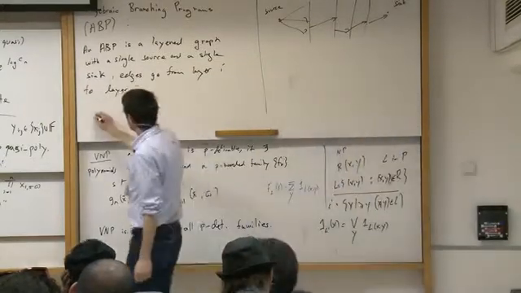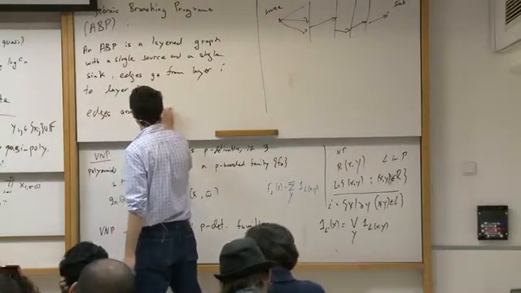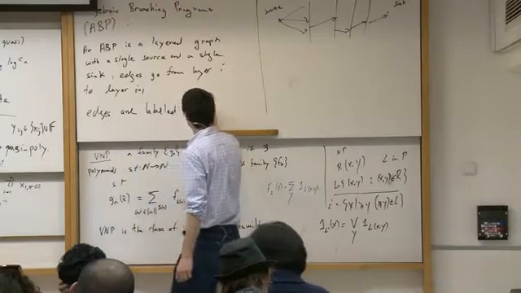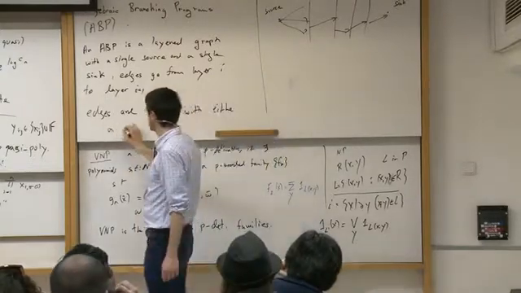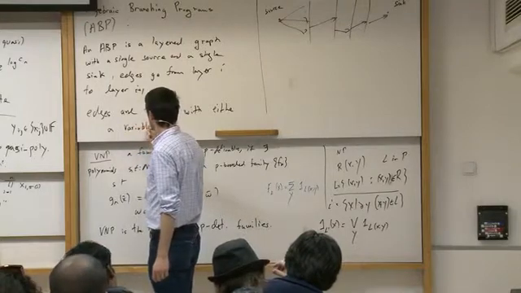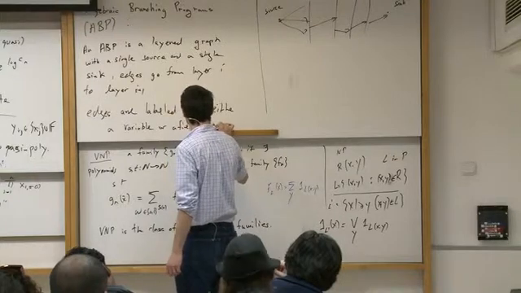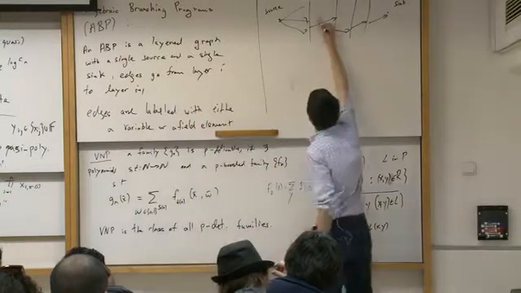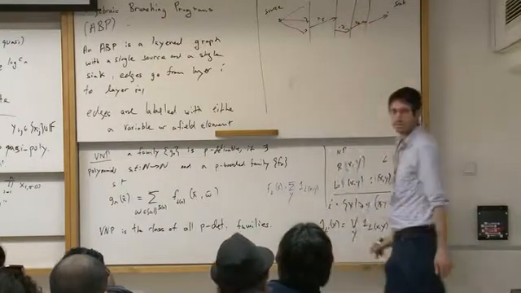And the edges are labeled with either a variable or a field element. So say you have like x5, minus 7, x2, etc.